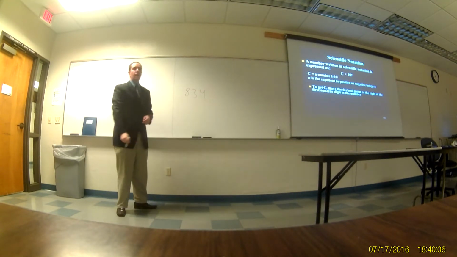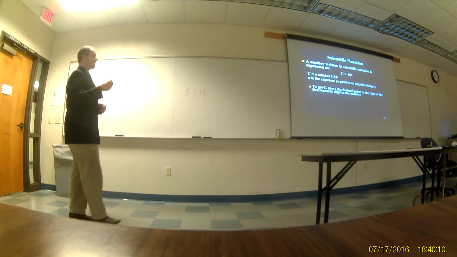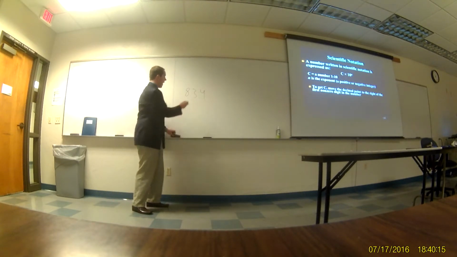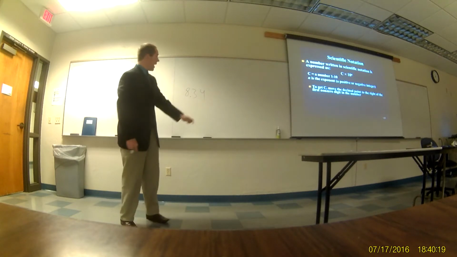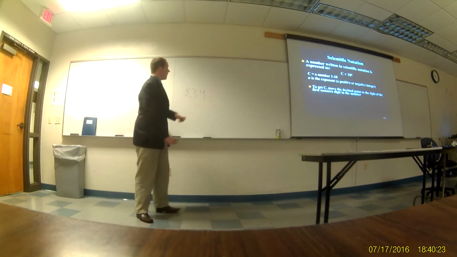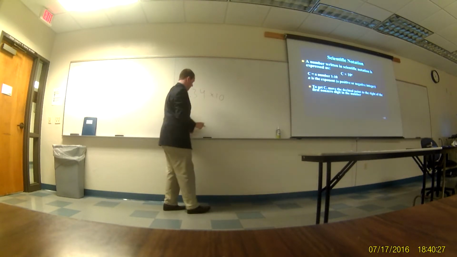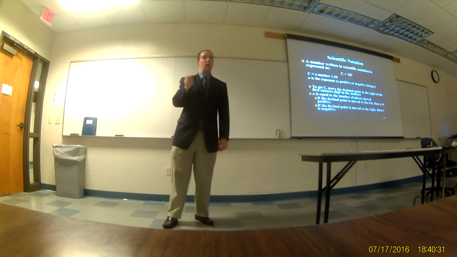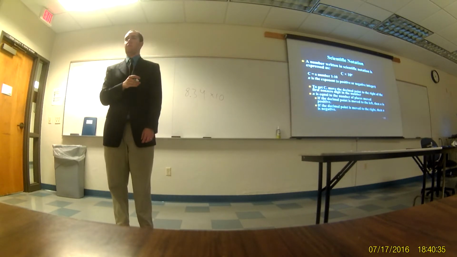834. We need to put the decimal point to the right of the first non-zero. Where is that? After the 8. So I'm going to put the decimal point there. That is my C, 8.34. Then we have times 10 to the something. To get n, you're going to count how many decimal places you had to move the decimal.